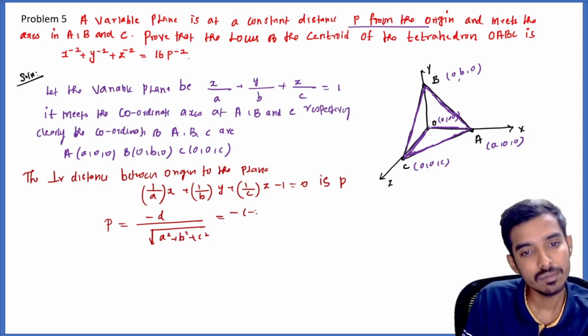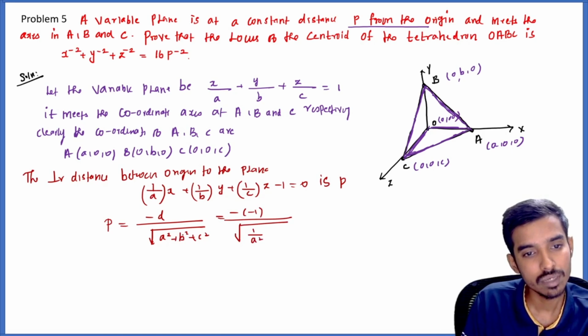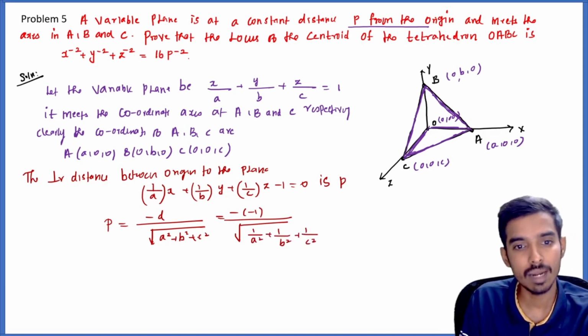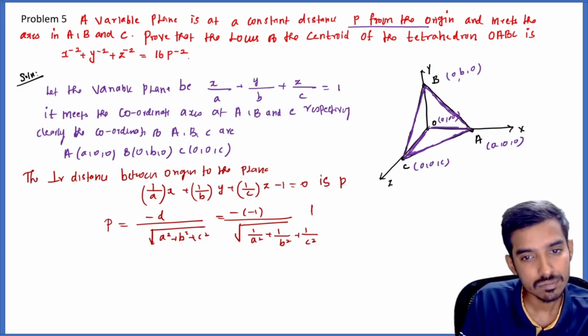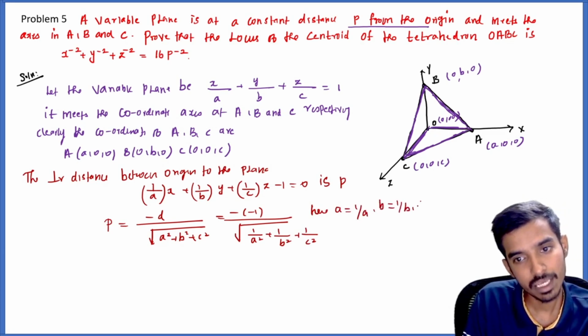And here D is minus 1, divided by the root of (1/a)^2 + (1/b)^2 + (1/c)^2. This is a general formula. Here A is 1/a, B is 1/b, C is 1/c, and D is minus 1.